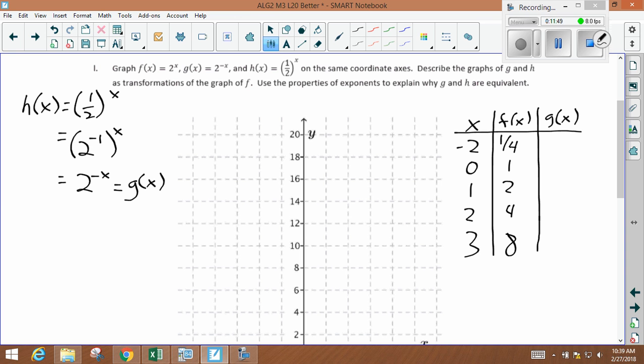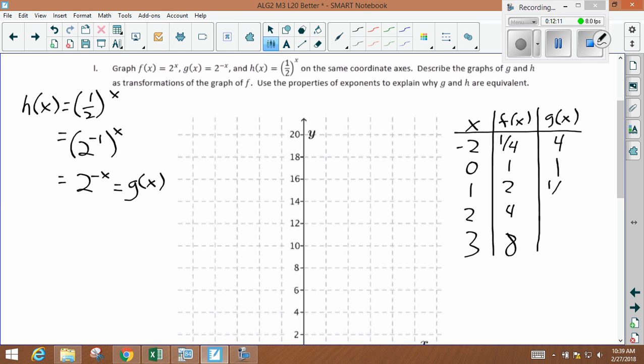What happens when I plug in negative 2? Well, I wind up with 2 to the negative 2, which is, yeah, it's going to be positive 4. When I plug in 0, negative 0 is 0, so I get 1. What happens when I plug in negative 1?